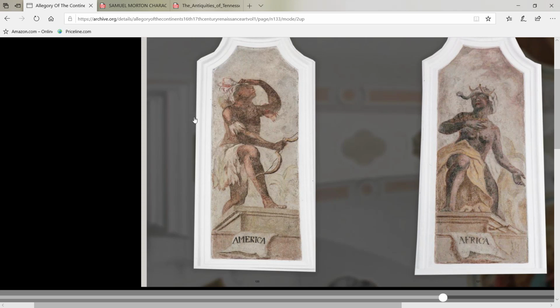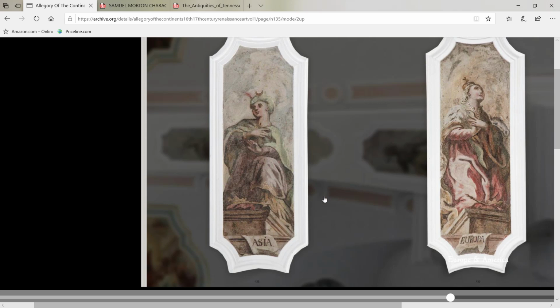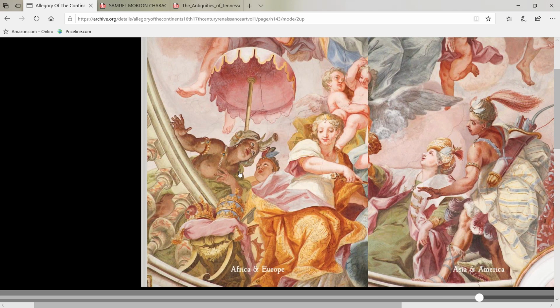America, Africa. Undeviatingly characteristic. Asia and Europe. Africa, Europe, Asia, America. I see it, the American and the African, undeviatingly characteristic.